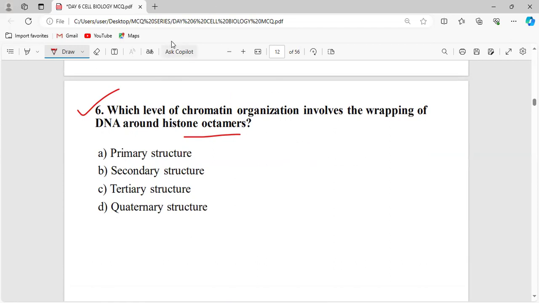Just tell me which level of chromatin organization involves the wrapping of DNA around the histone octamers.